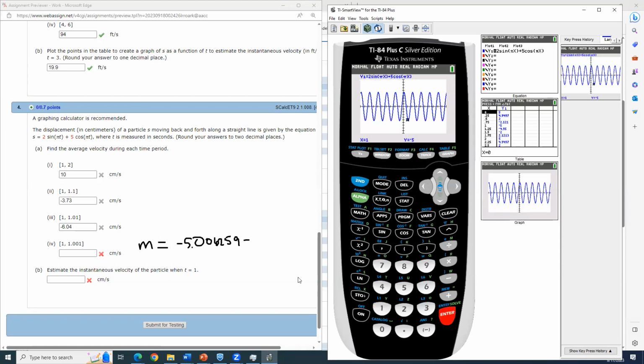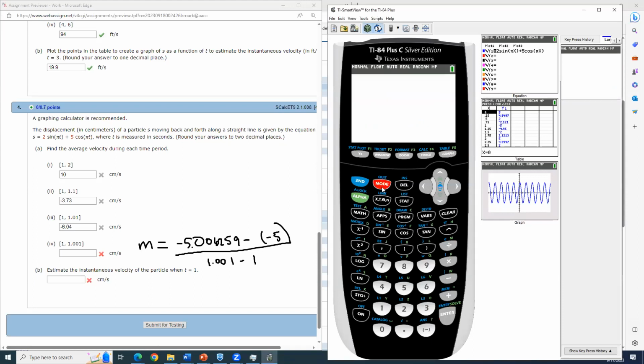If we had done this for all of the other values from parts 1, 2, and 3, we already would have had this, right? That would have been okay. So I'm going to plug in minus 5, and then we have 1.001 minus 1. So this is just an alternate way. There's so many ways to use the graphing calculator, really.